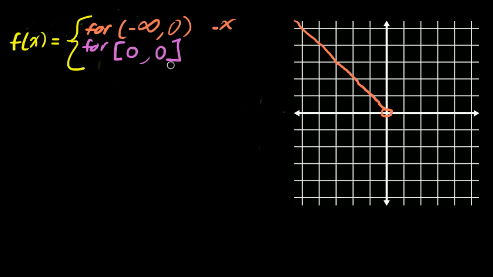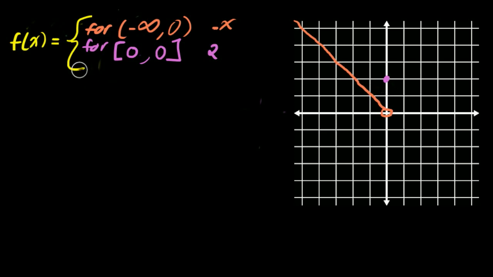And this might not have been the best way to write it, but I think it still makes sense. We're going to define our function f of x at that point to just be equal to 2. And we remember this from the last video, that this looked just like a point, right at the point 0, 2, right there. So that's how we're going to define our function at the point 0, 2.